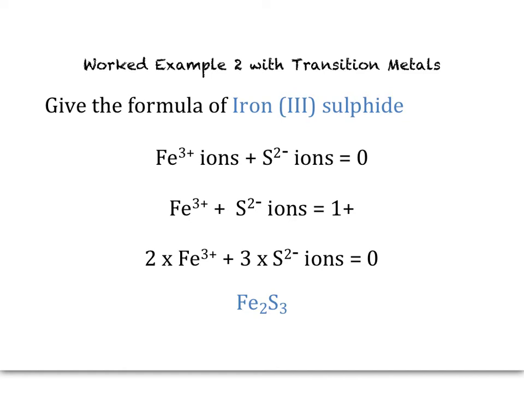So that means Fe3+ and S2- ions must combine to give a neutral compound. One of each ion still leaves us with a positive charge. To obtain a neutral charge of 0, we need to take two Fe3+ ions with three S2- ions. This gives the neutral compound and formula Fe2S3.